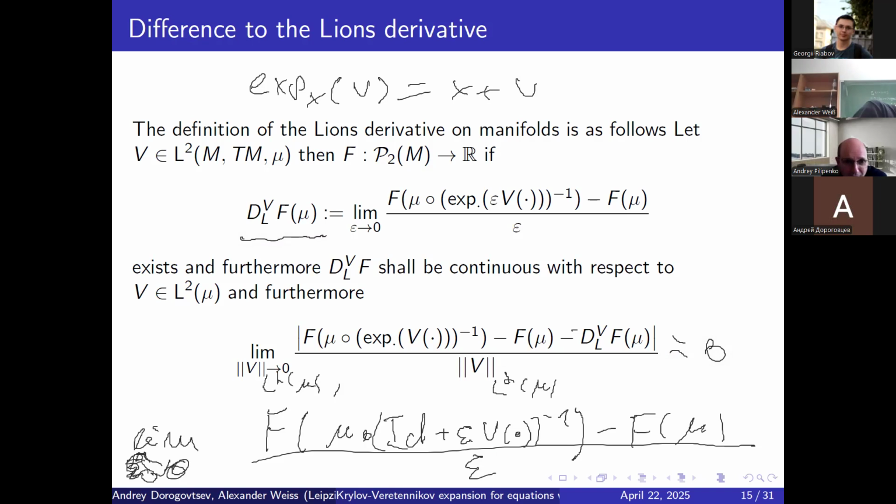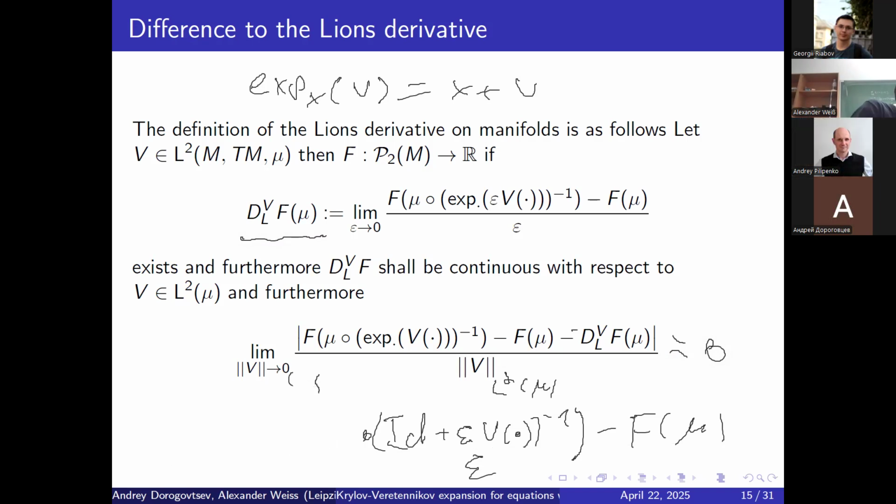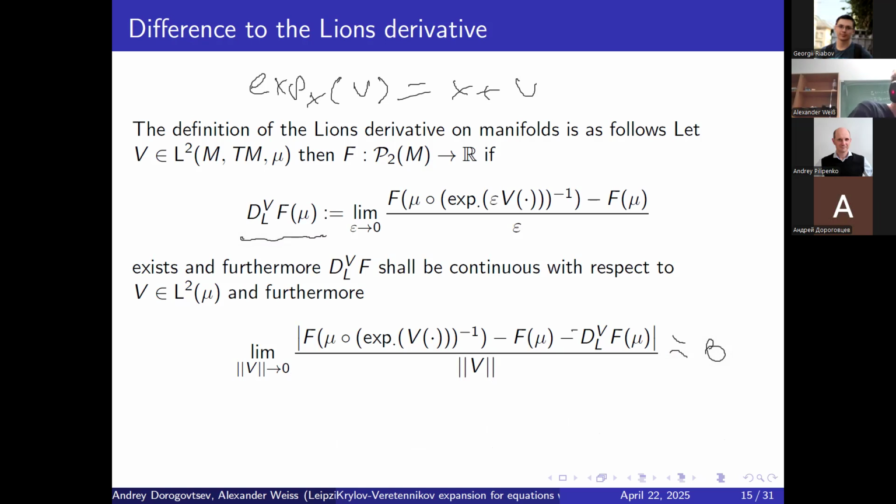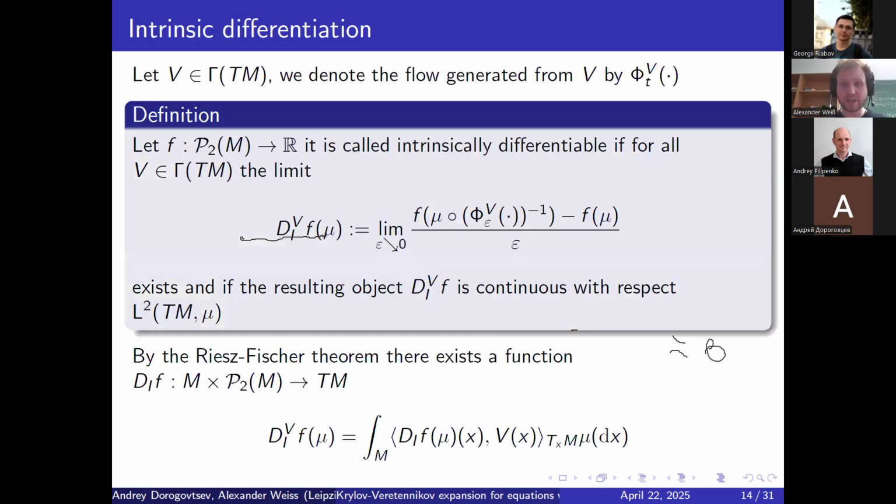I hope that is clear, but this is not the notion we will use because the flow notion seems to be more natural on manifolds, and moreover, we always work with embeddings into R^n.